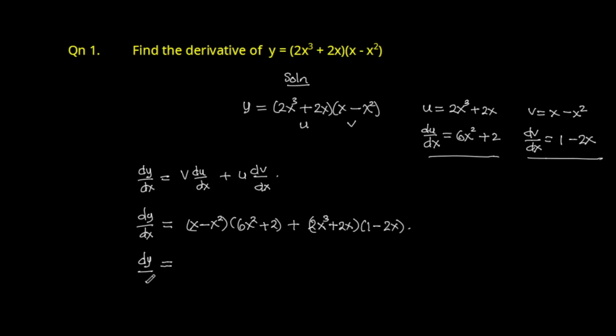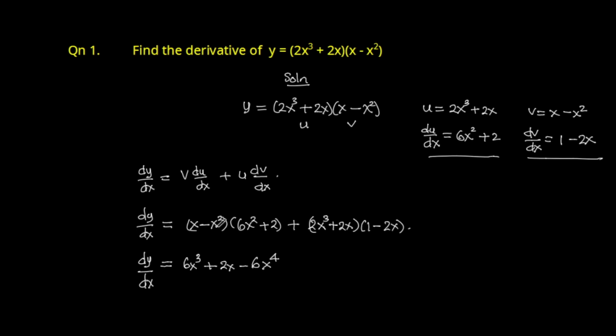From our left hand side we have dy by dx, and here x times 6x squared, we get 6x cubed, and then x times 2, we get 2x. We move to the next term, negative x squared times 6x squared, so we shall have minus 6x to the power of 4.